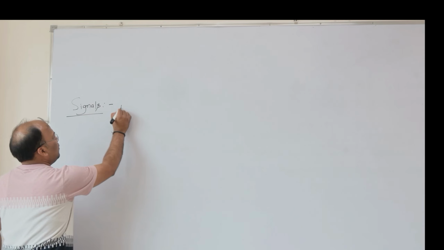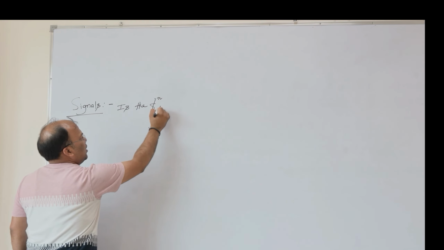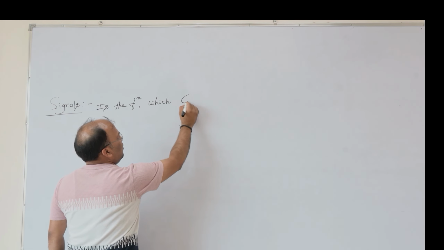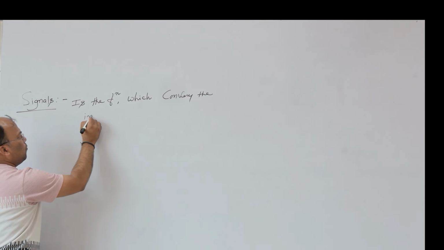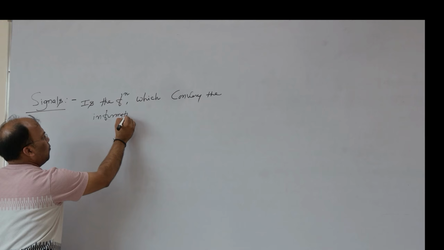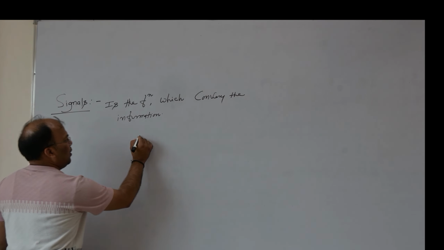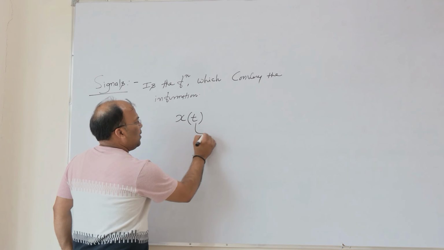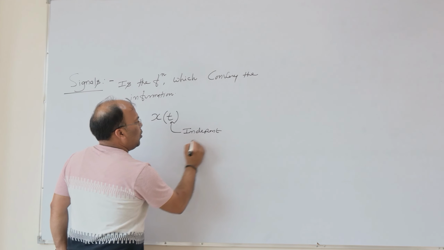The signal is the function which conveys the information, and mathematically we can represent a signal in terms of s of t, where t is your independent variable.